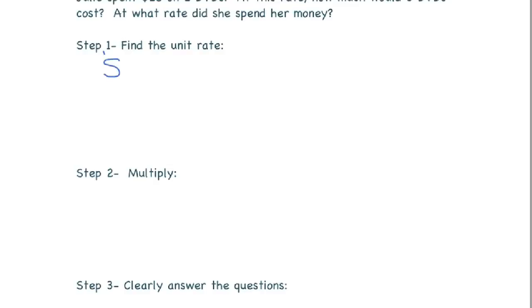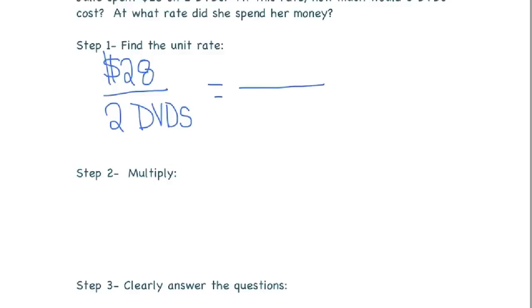So we're going to set this up: $28 divided by 2 DVDs. You can go ahead and just divide, but I want to show you using equivalent fractions as we've done in the past, because what we're trying to do is figure out how much it is for one DVD. To get from 2 to 1, mathematically, we're going to need to divide by 2.